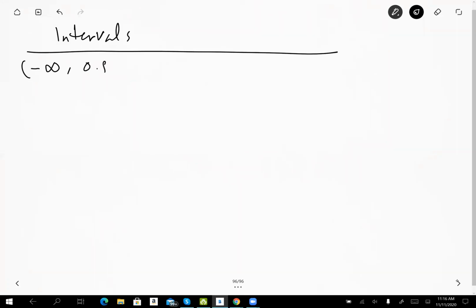So we tabulate the intervals. One interval is from negative infinity to 0.83. The other interval is 0.83 to infinity. And of course, here you want to find the f prime, and then you want to look at the behavior of the function.